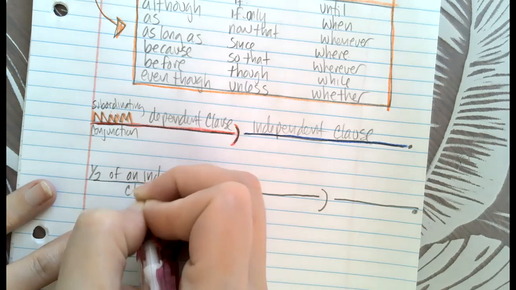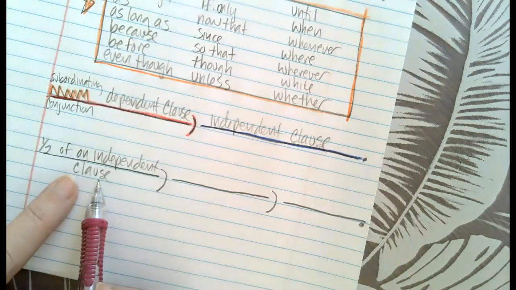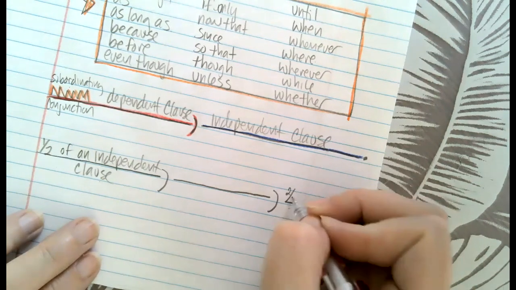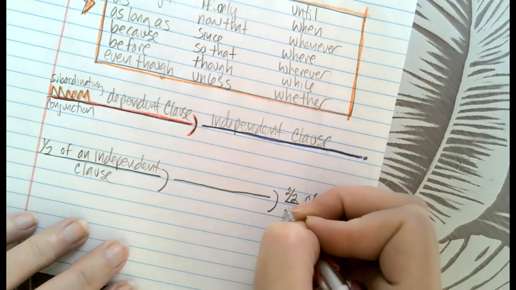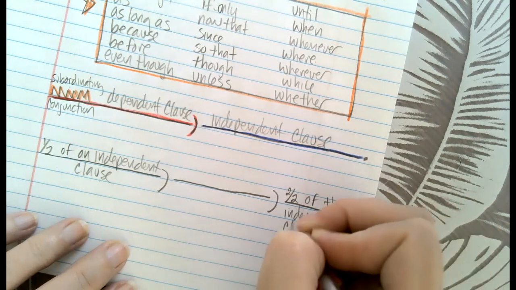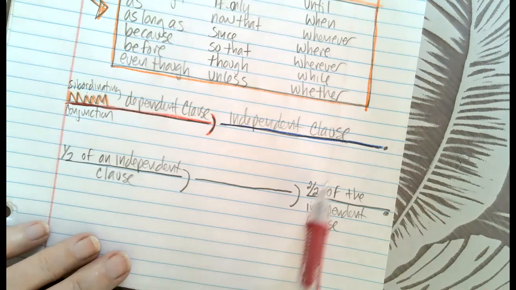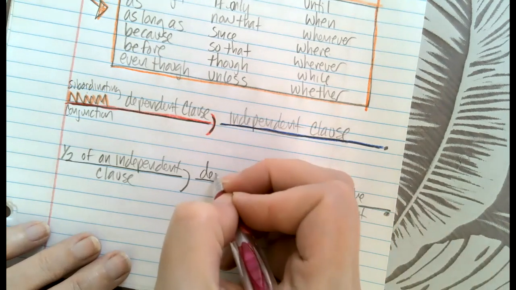I'm going to put clause below so I don't run out of space. And we're going to finish that independent clause over here. So that's the second half of the independent clause. Well, then what do you suppose is going to be inserted right into the middle? A dependent clause.